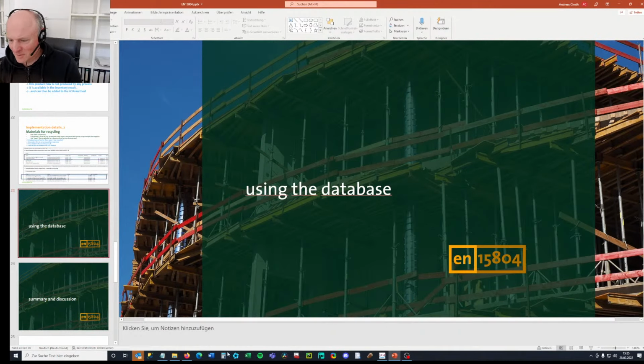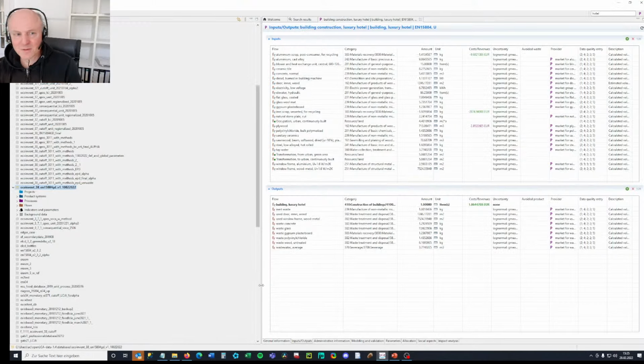So then I just go to openLCA that you see here, and this is the database. I didn't prepare this, I thought I could do this on the fly. This is the same process that I've shown previously. You see that this is again the post-consumer scrap without provider.